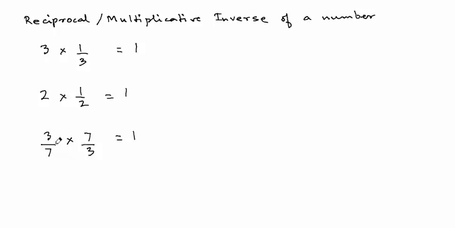So as you can see, a fraction and its multiplicative inverse have their numerators and denominators flipped over. So we could say the reciprocal of, let's say, 5/8 is 8/5, of 3/4 is 4/3, and so on.